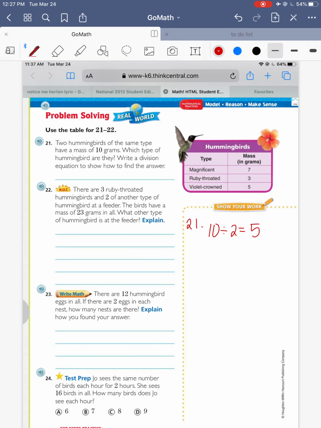So which one of the hummingbirds on the chart has a mass of 5 grams? And if you look up here, the violet-crowned hummingbird has a mass of 5 grams. So if we have 2 of those, so 5 grams times 2 hummingbirds, that would give us 10 grams total.